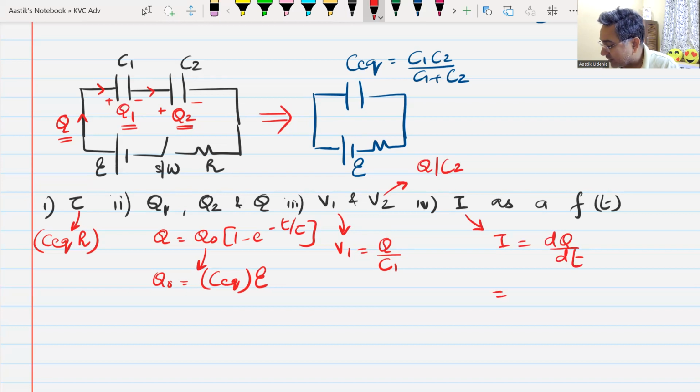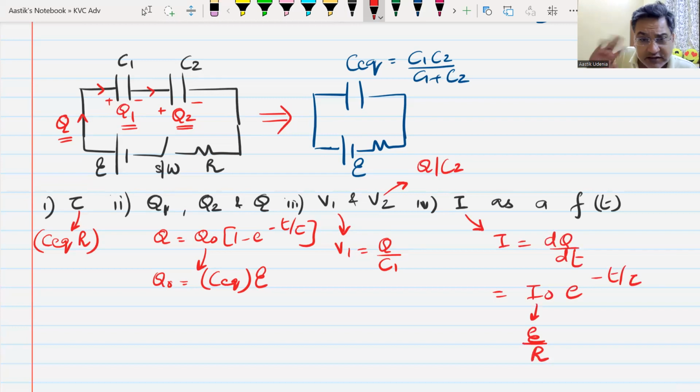You don't need to do this; you can simply write this as I naught e to the power minus t by tau, where I naught will be equal to E divided by R. Yes or no? Do we understand this, or has this gone above our head saying bye-bye? Understood, sir. So basically, if you understand one thing, the other things will come automatically. Do we understand this? Yes, sir.